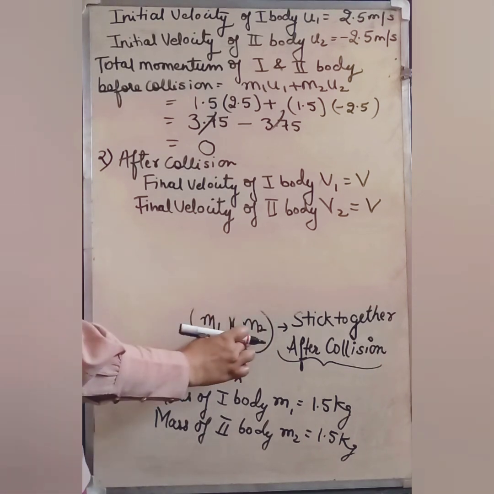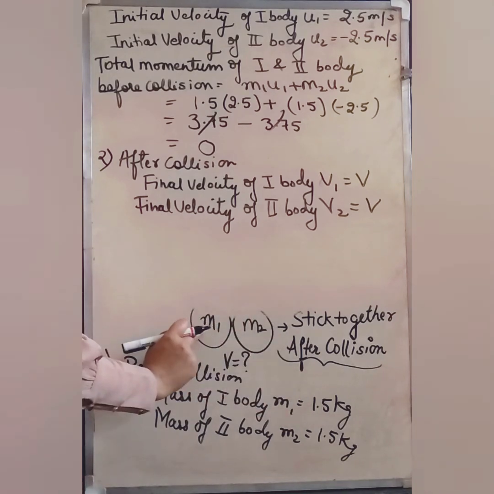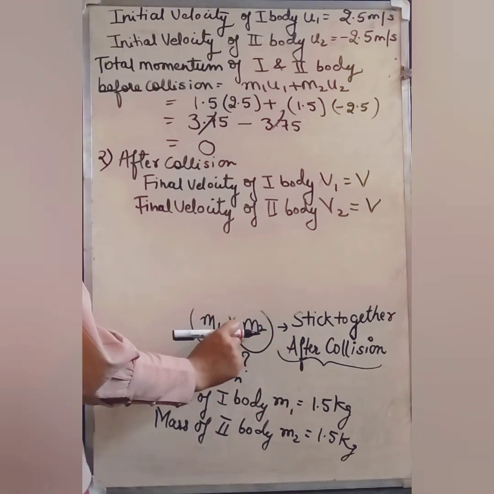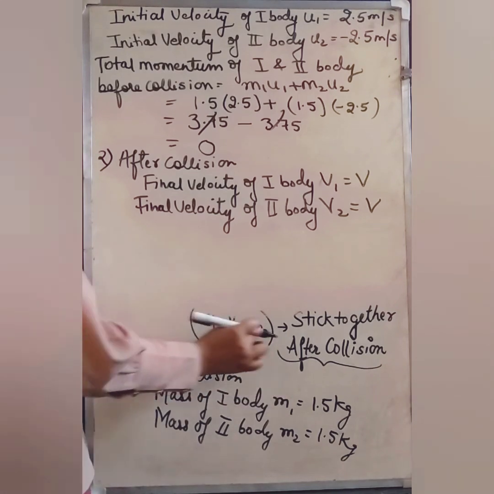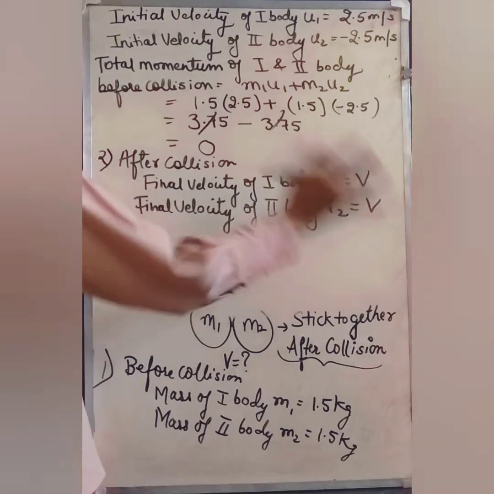Now they are moving together, so they will be moving with the same velocity. With whatever velocity body 1 is moving, with the same velocity body 2 is also moving. Therefore, I have represented their final velocities with V.